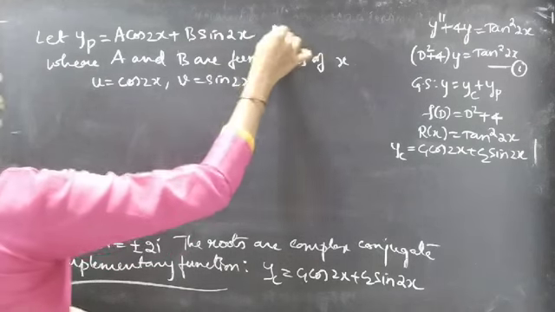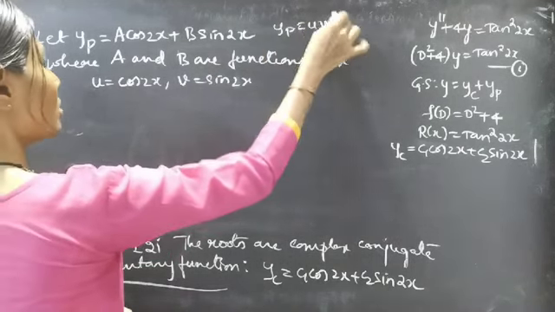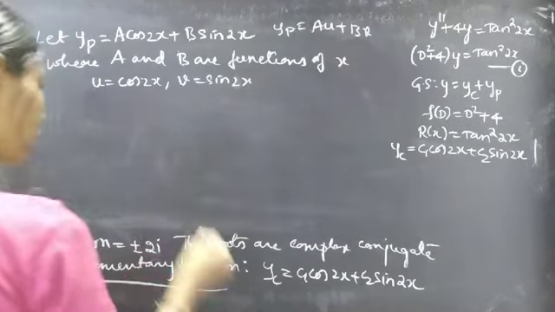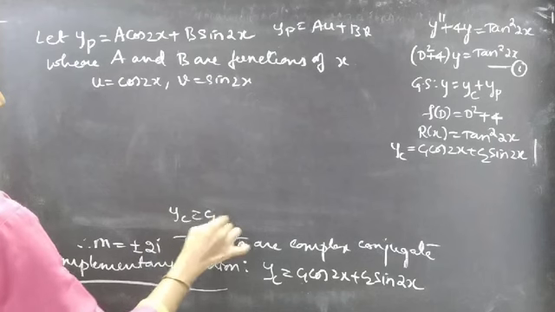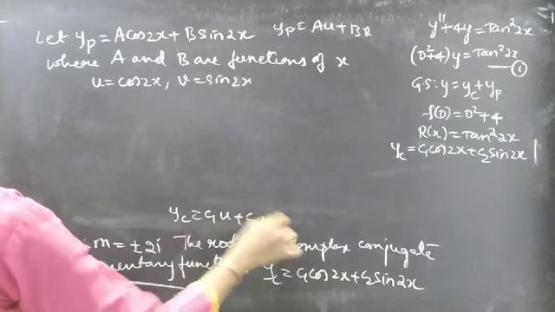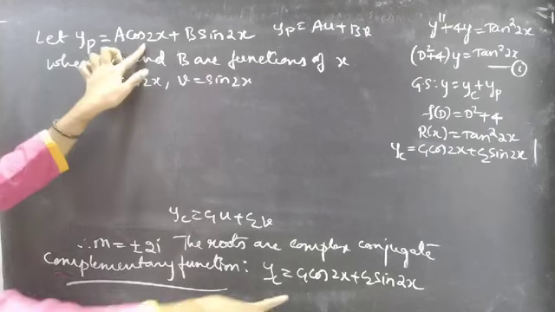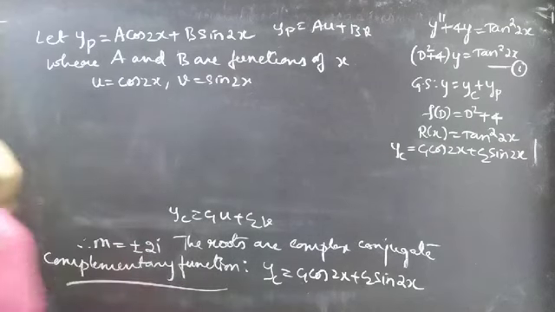You can compare yp with yp equal to au plus bv, or you can compare yc with yc equal to c1u plus c2v. From this or this you'll get u and v, where u is cos 2x and v is sin 2x.